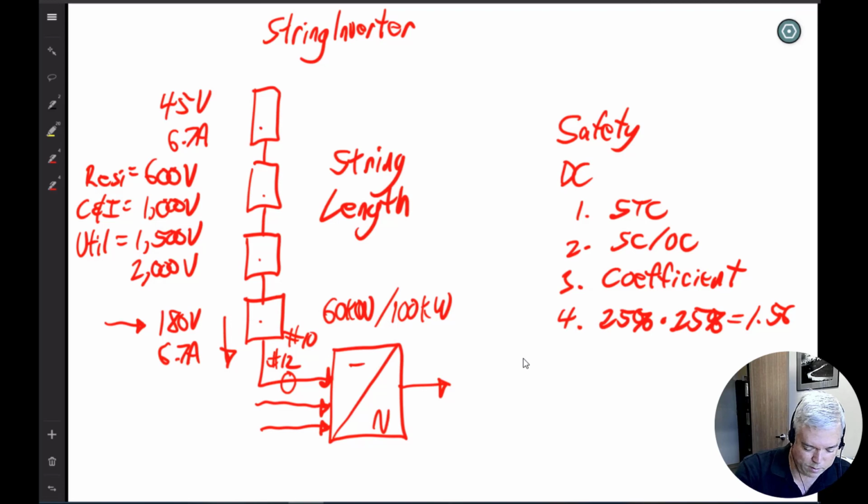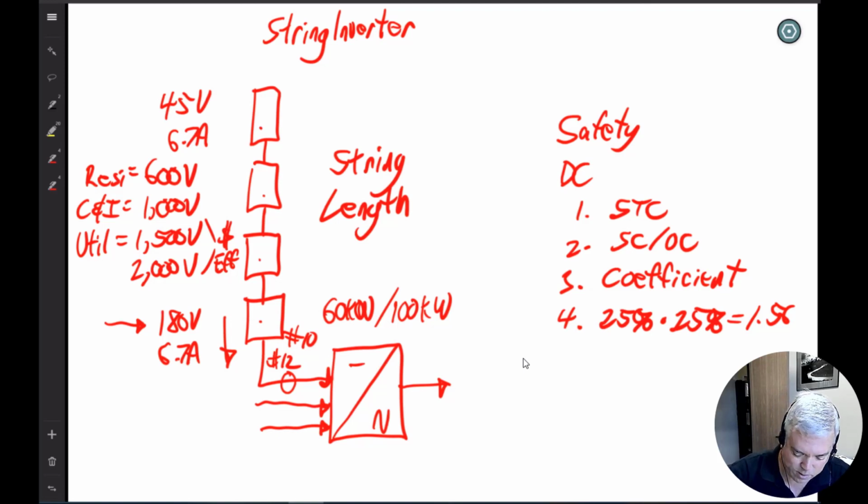And we'll talk about why. Cost effectiveness and efficiency, we'll talk about that in just a second. Longer string lengths lend themselves to reduced cost of installation. So these are string inverters.